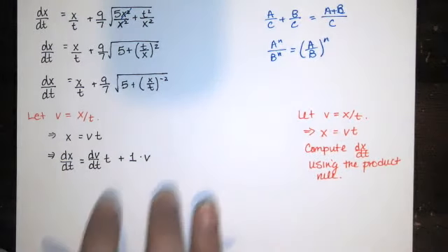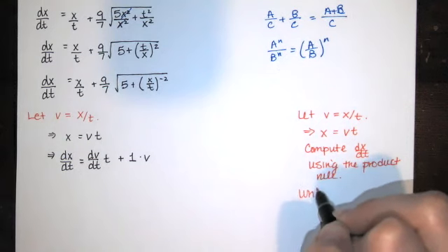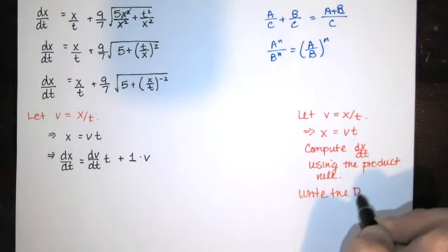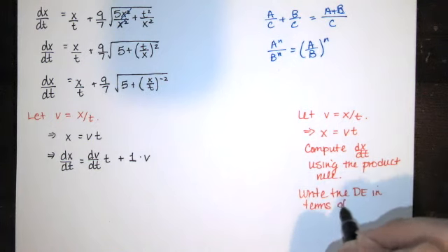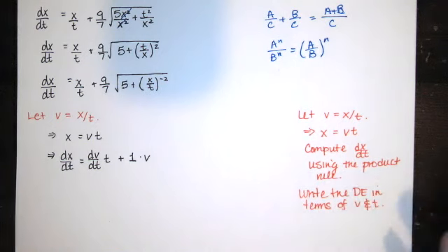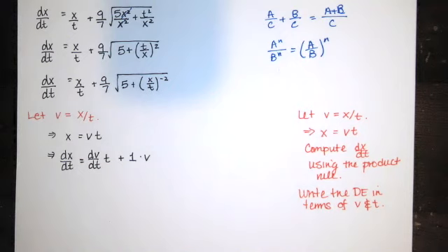Okay, and then you're going to make a substitution. You're going to write all of this in terms of v and t. Now, some students get a little confused here because we're using a different substitution than we're accustomed to.